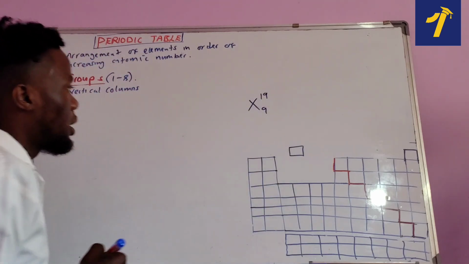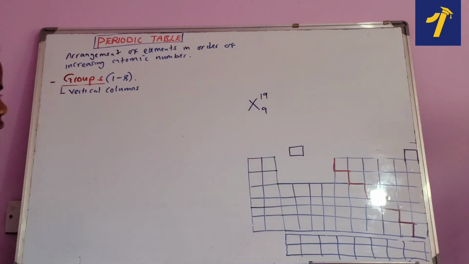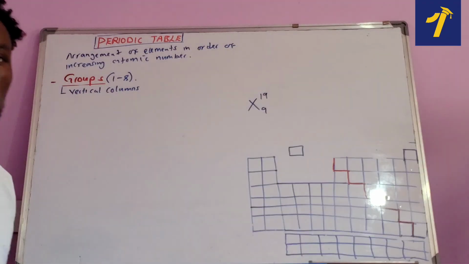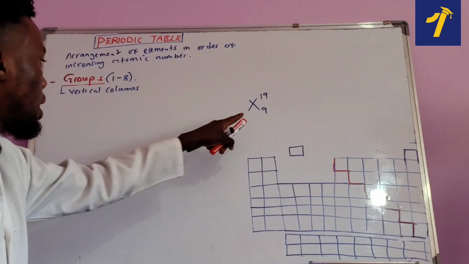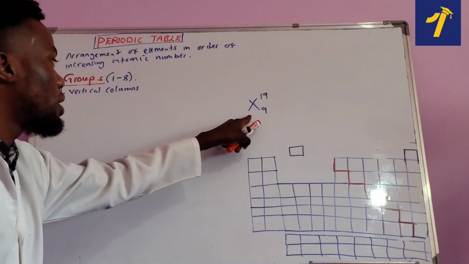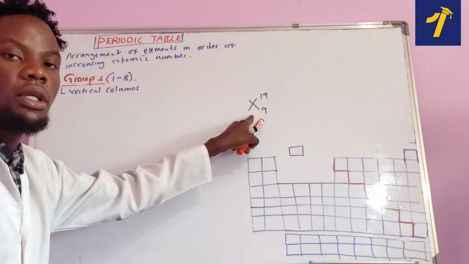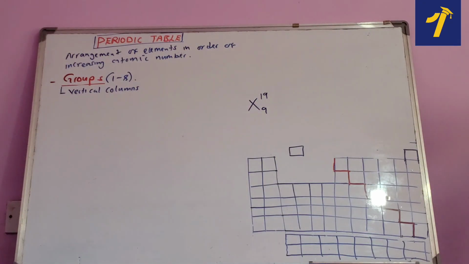Then they ask you to say this element x is in which group. So how do we know the group number of a known element? How are you going to do this?